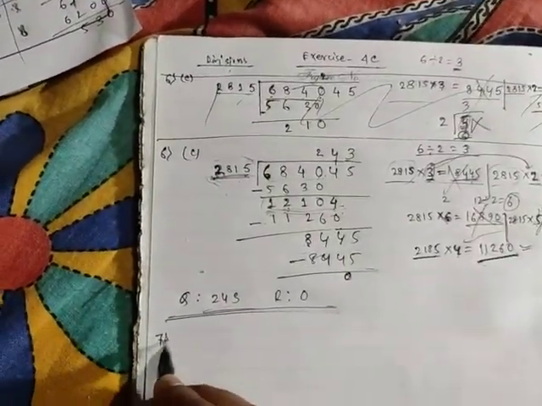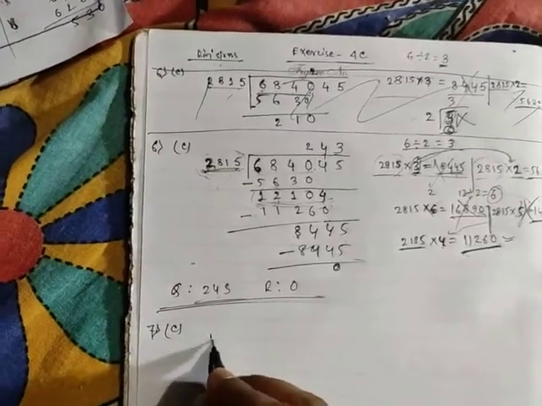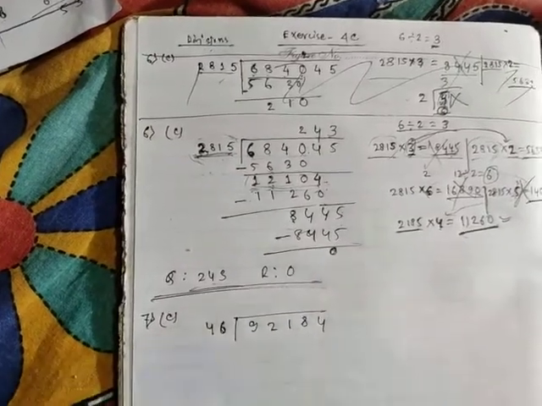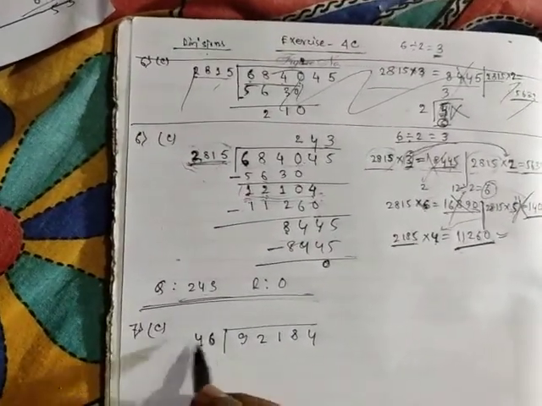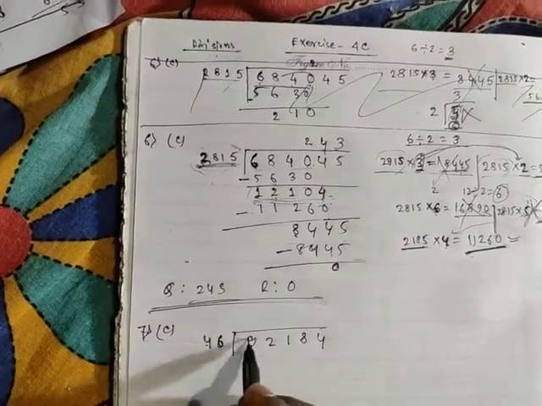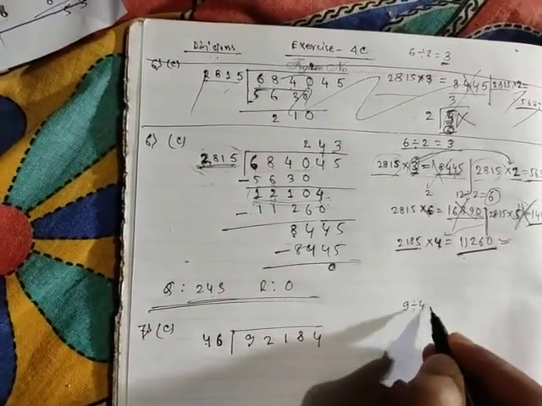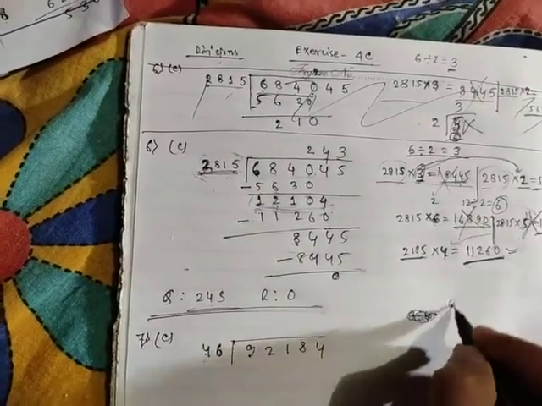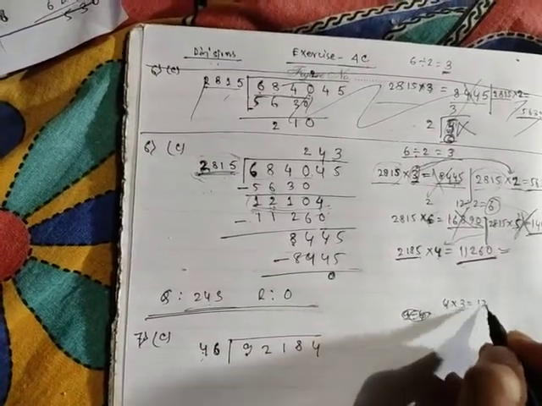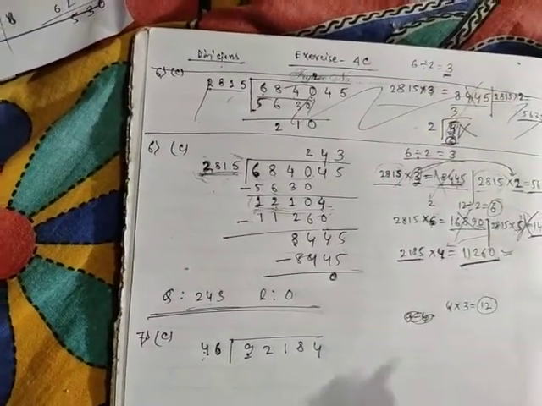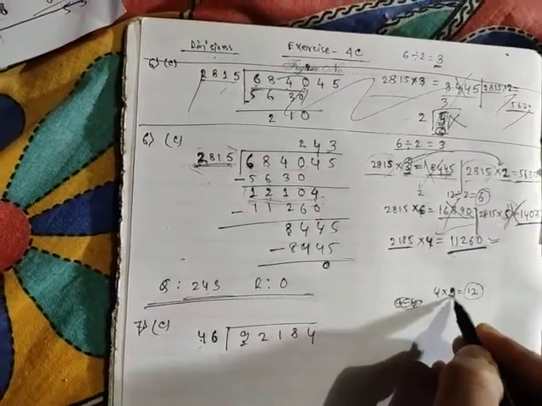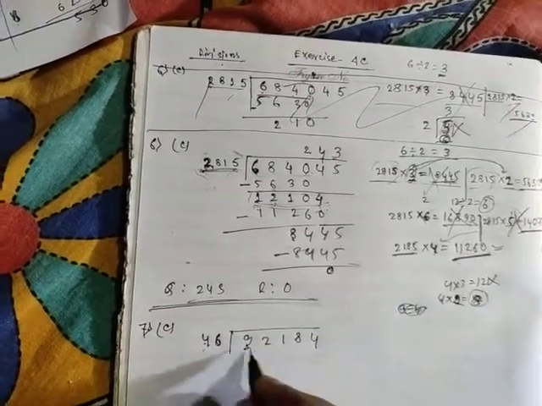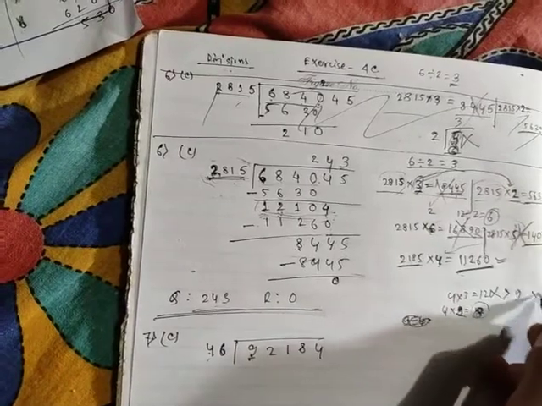Now 7C. This is the divisor, 92184. Now here 9, here 4. 9 is not divisible by 4, but if I do 4 into 3 is equal to 12, which is greater than 9, so it is not possible.